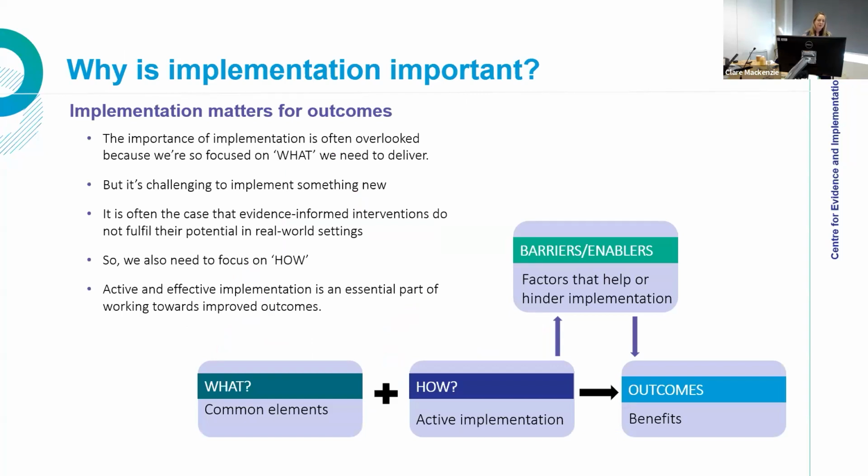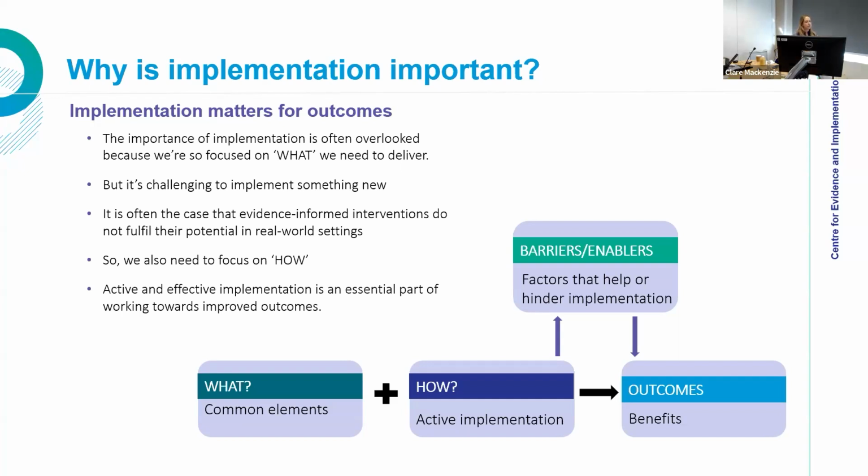I could spend ages on this, but I'll just quickly whiz us through. So it matters for outcomes. The importance of implementation is often overlooked because we're so focused on the what and so focused on trying to achieve a benefit. And it's also really challenging to implement something new. But what that means in practice is often a lot of evidence-informed interventions don't actually fulfil their potential in real-world settings.